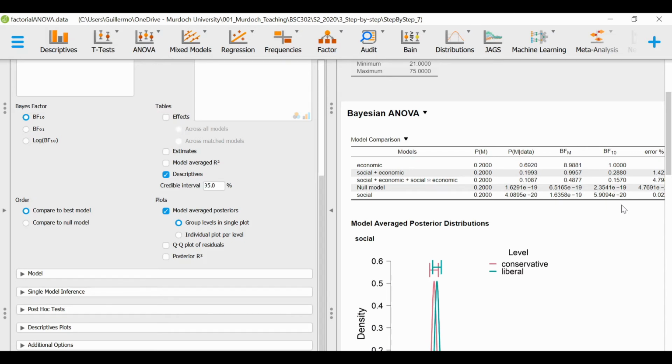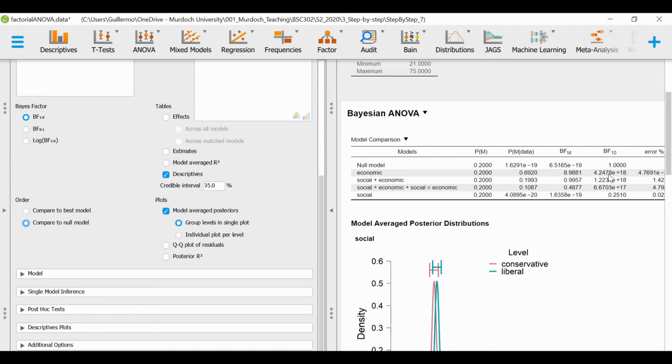Right, so if we tick compare to the null model, what happens is that now the null model is on the top, and all these comparisons by BF10 are the model that you are comparing versus the null model. So in the first row it is null model versus null model. Then again you've got a Bayes factor of 1.